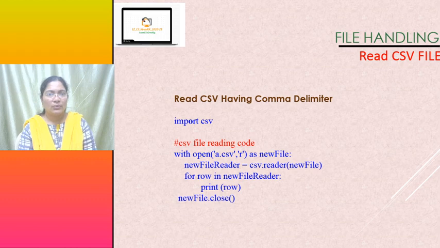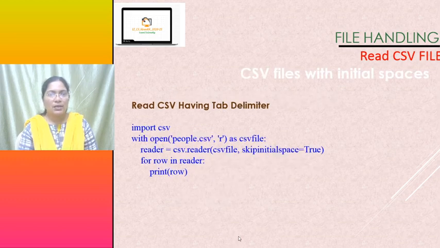Okay children, now I think you are comfortable with reading CSV having comma delimiter, right? We have done this through the reader function of the CSV module. Let us proceed. If the CSV file is having initial spaces, then you can use a parameter in the reader function. After the file object you can give skipinitialspace equal to True, which will skip the initial spaces and then it will read the row.